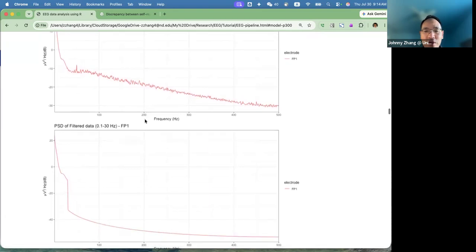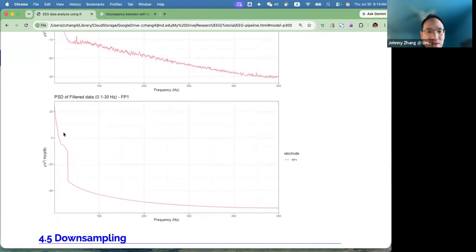There's a lot of changes. And after filtering, I noticed that the signals are mainly in this area, right? And beyond 30, there's less power in this plot. So which means we removed signals with frequency larger than 30.